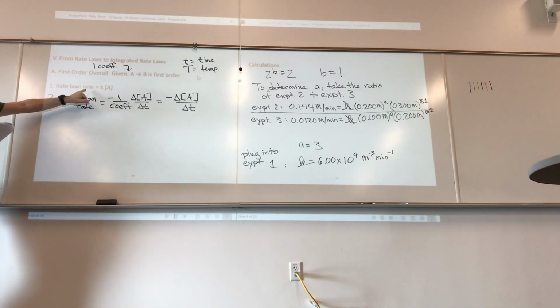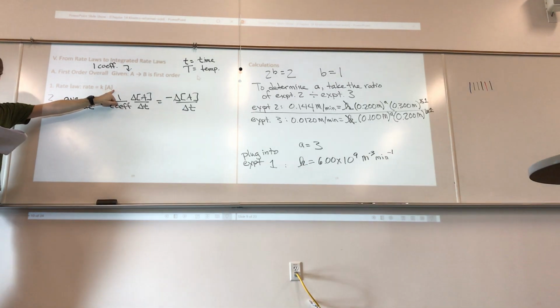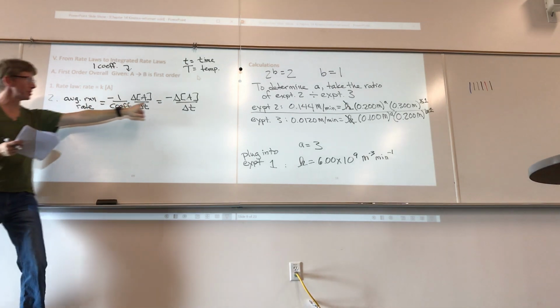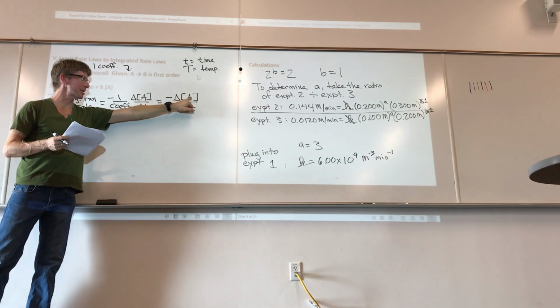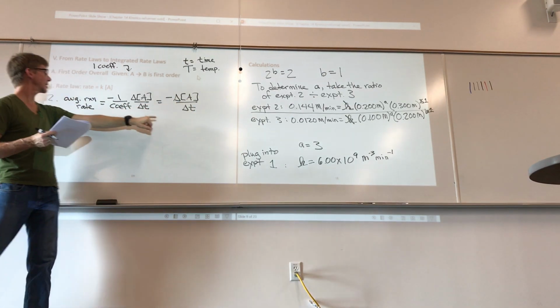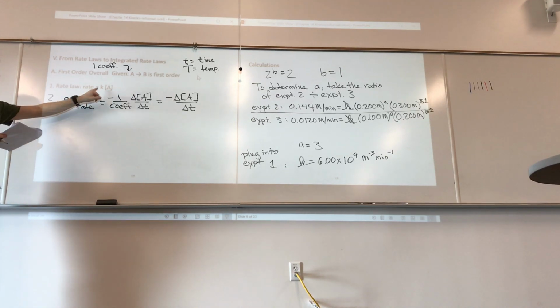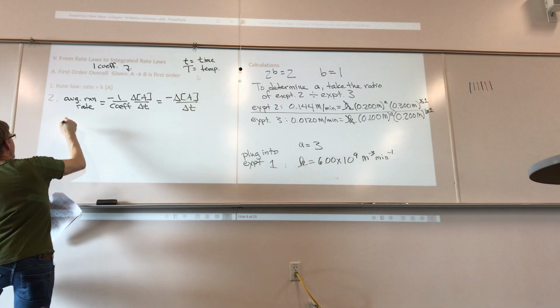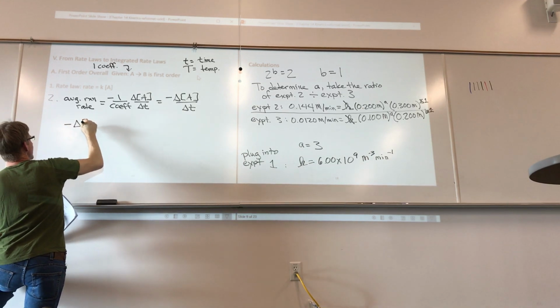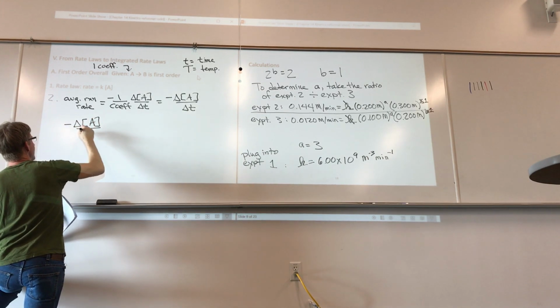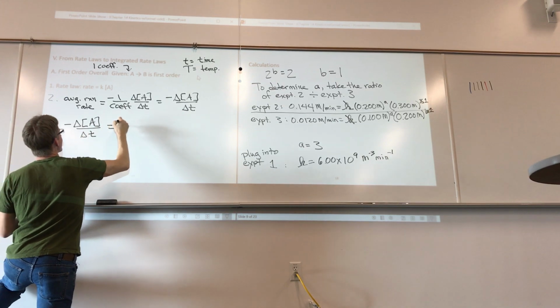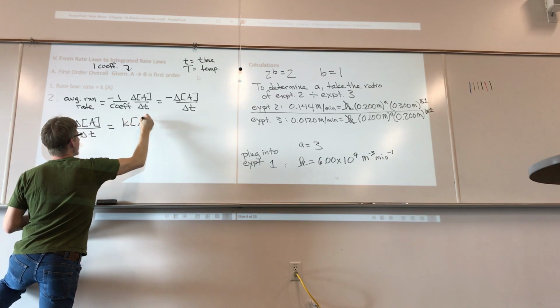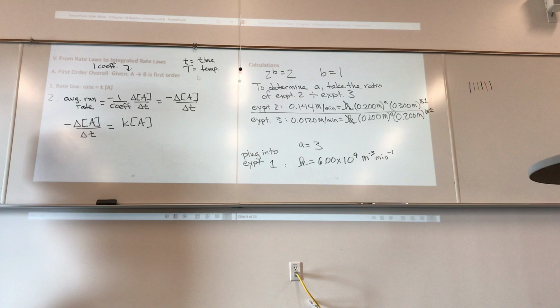Now, this says rate equals k times A. This says rate equals minus delta concentration of A over delta t. I'm just going to set these two things equal to each other, like so.